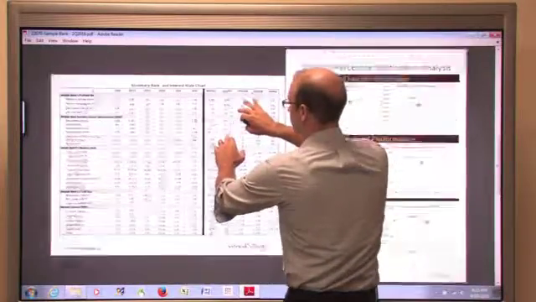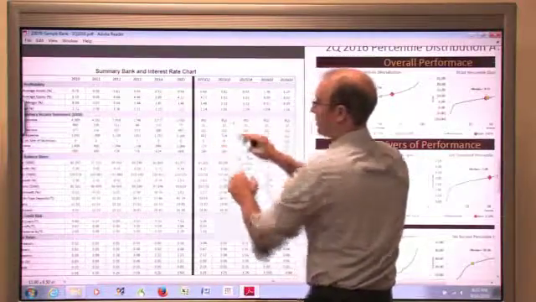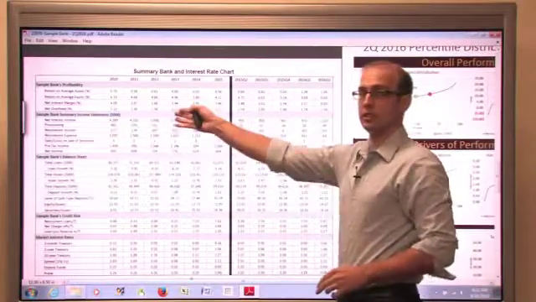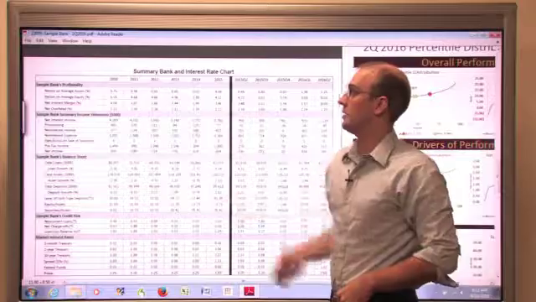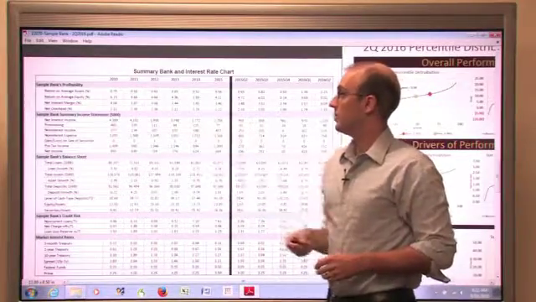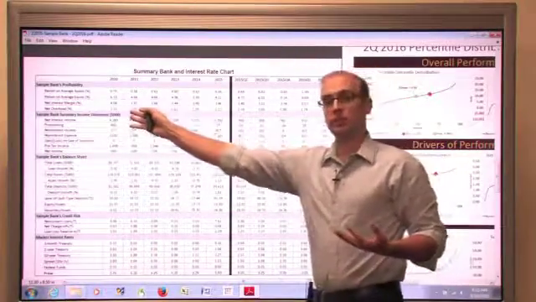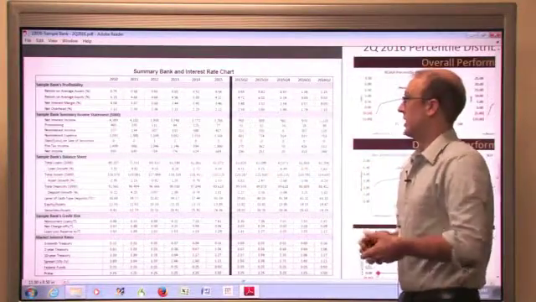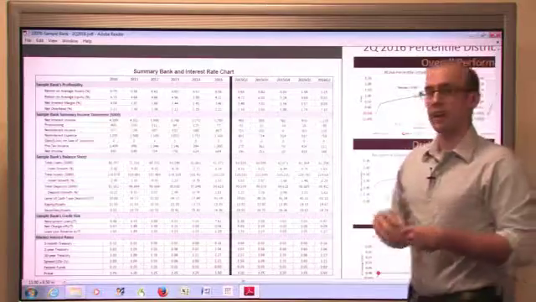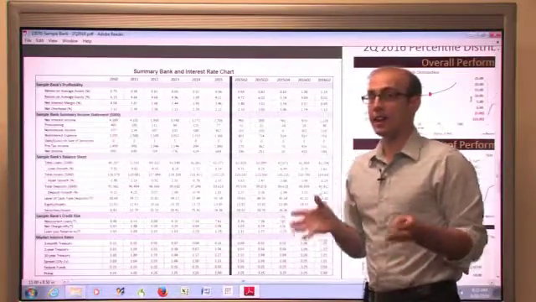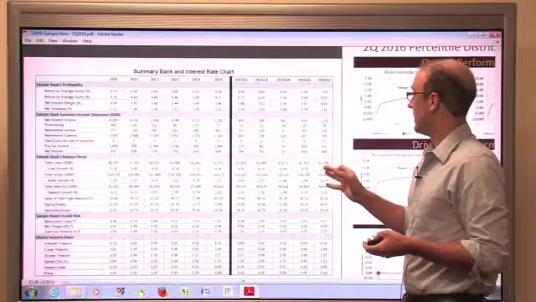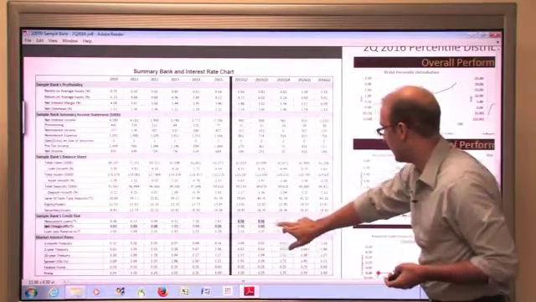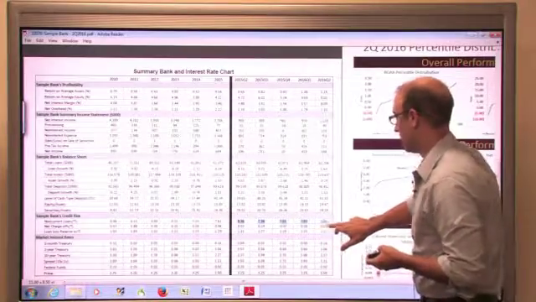Over here, we have a little bit of a longer-term trend looking at key components such as return on average assets, return on average equity, net interest margin, net overhead. This gives you a good idea of where you were for the last couple of years and, of course, the last couple quarters. In this case, there's a few, well, I don't want to say red flags, but things that really draw my attention to this particular bank, one of which is the non-current loans to total loans ratio.